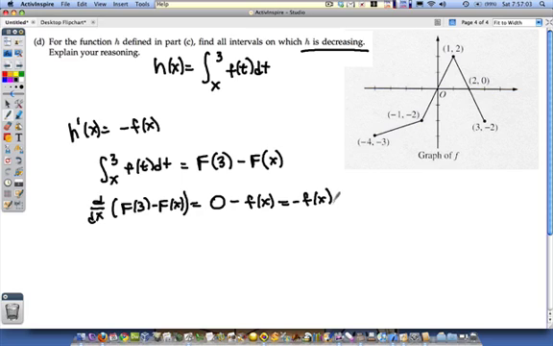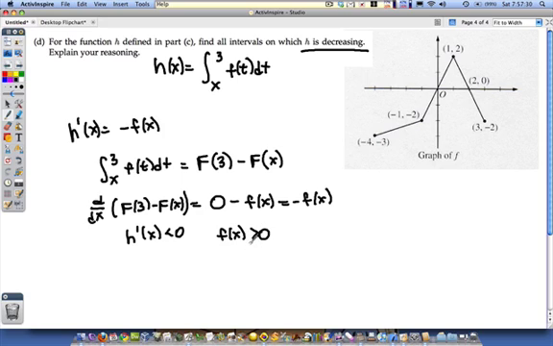We've got to figure out when f is positive, because that will tell us when the derivative of h is negative, right? So to find out when h prime of x is less than 0, let's just figure out when f of x is greater than 0, because the negative in front will make this term negative.